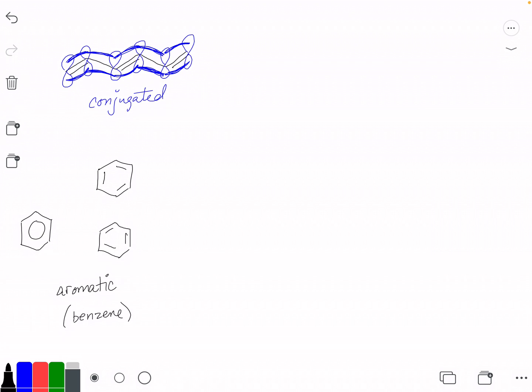So we're going to see a number of things in this chapter. Some of them involve nomenclature of aromatic compounds. There's a little table in the early part of the chapter that lists a bunch of benzene derivatives. Unfortunately, you need to memorize those. Things like toluene is methylbenzene.